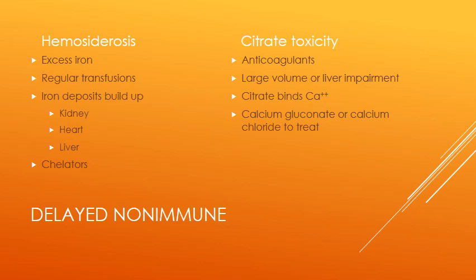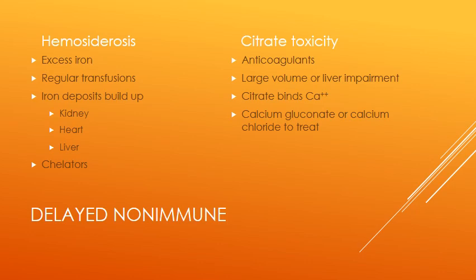Generally, we see this in patients who have to have regular transfusions over their lifetime, patients who have things like thalassemia or sickle cell. They end up getting about an extra 250 milligrams of iron every time they receive a unit. And we don't excrete that much iron.